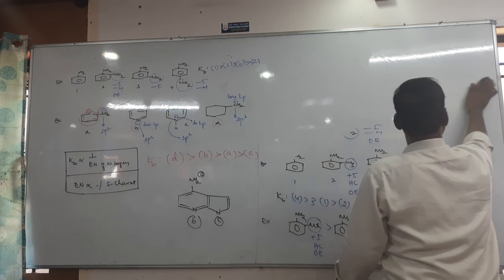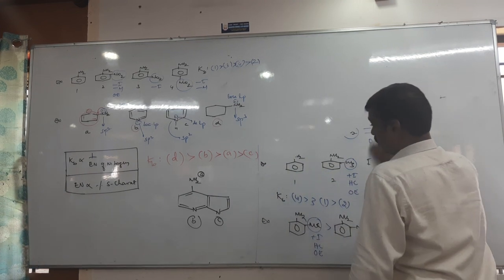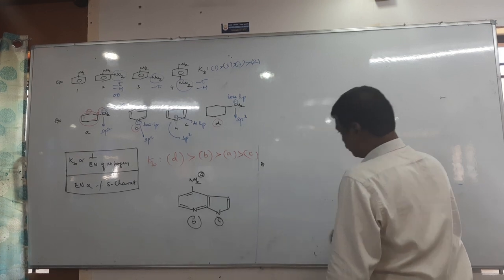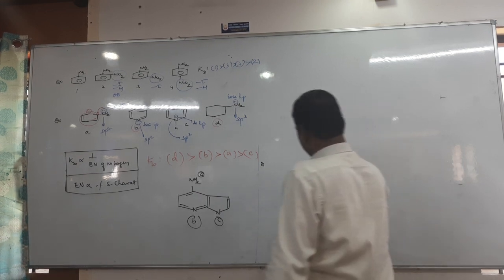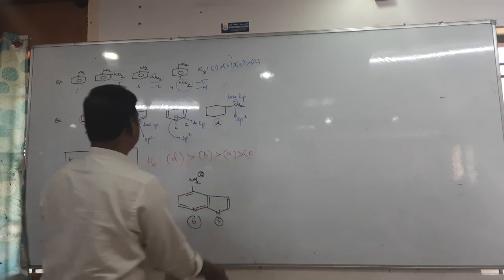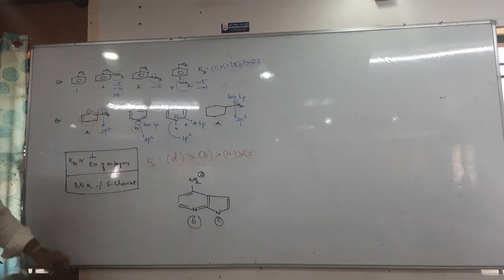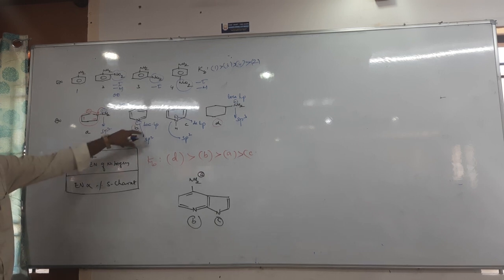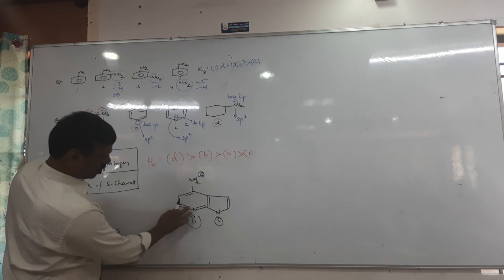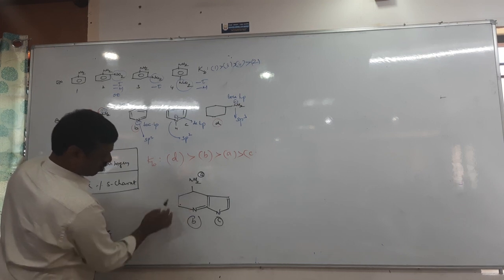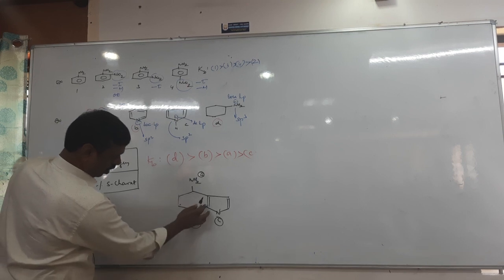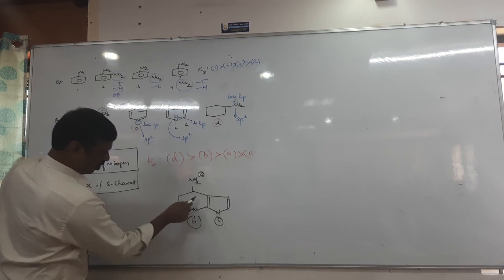No, which is more basic? Huh? A or B? Again you are confused. See, this is a pyridine, no? Pyridine ring is always more basic because there is a localized lone pair.